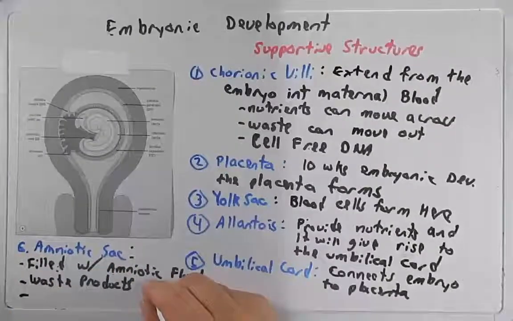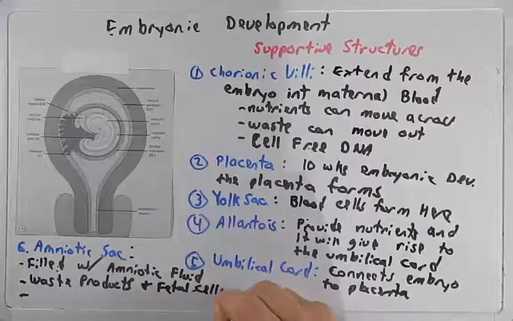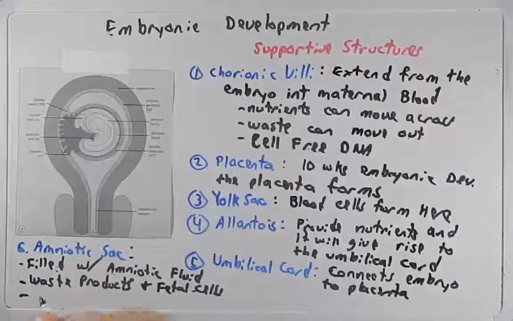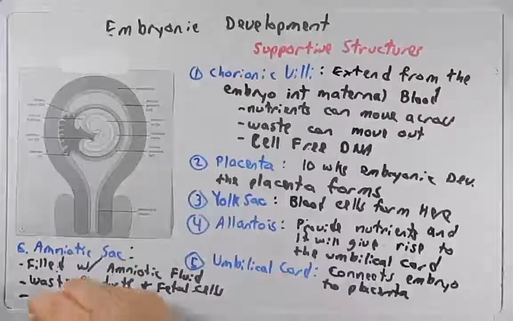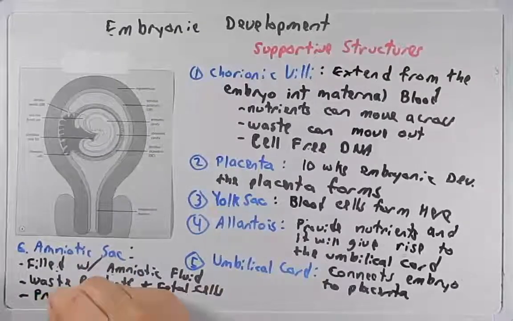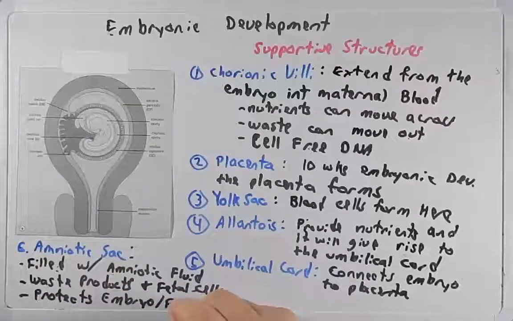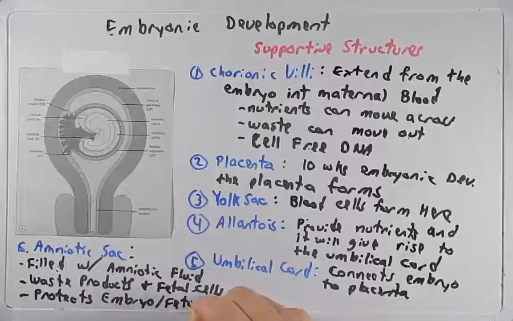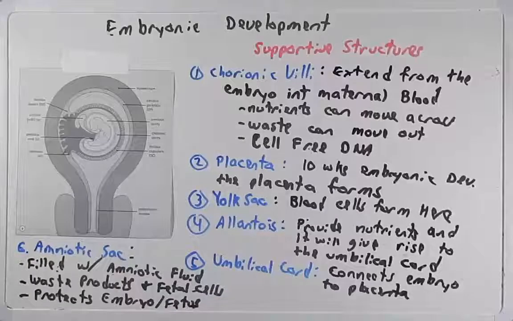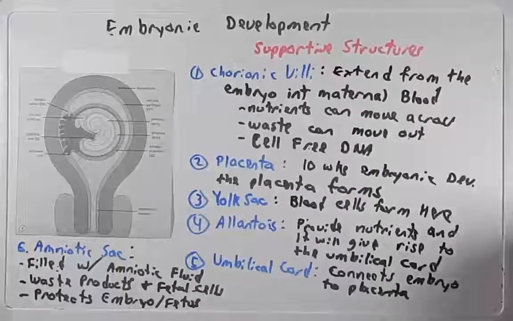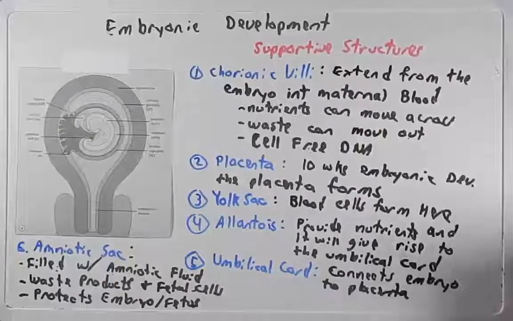It also has fetal cells in it, cells that have been stripped away from the fetus as it's growing. The amniotic sac also protects the embryo and ultimately protects the fetus. It serves as a shock absorber of sorts. So these are all important structures that help protect the developing embryo and fetus.